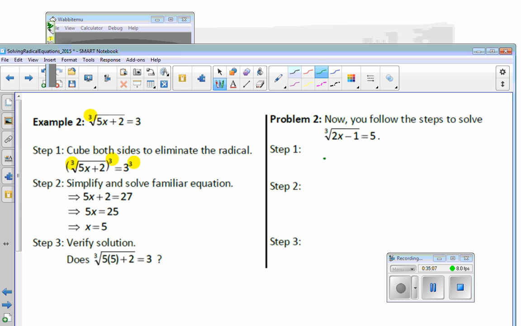So 2x minus 1, I'm going to go ahead and cube both sides. 2x minus 1 equals, what is 5 cubed? 125. Now it looks familiar, doesn't it? Add 1. Divide by 2.